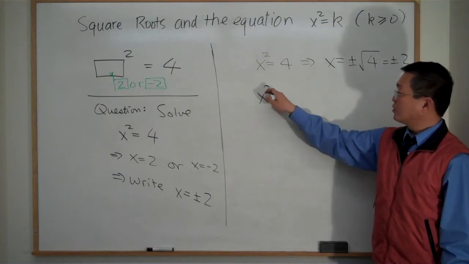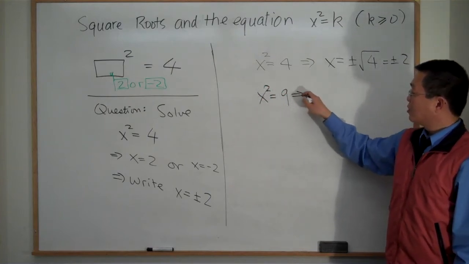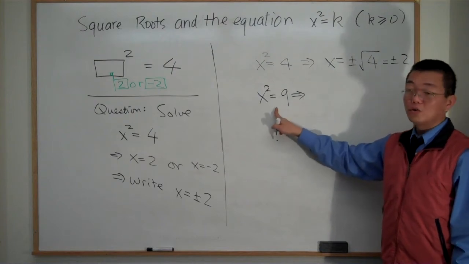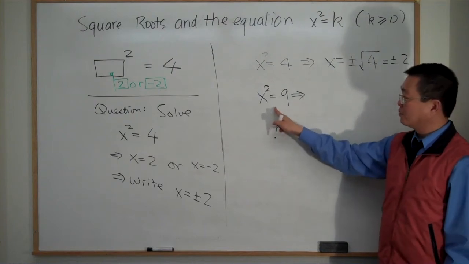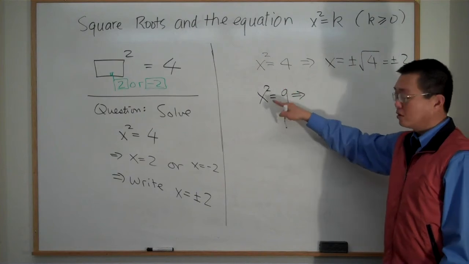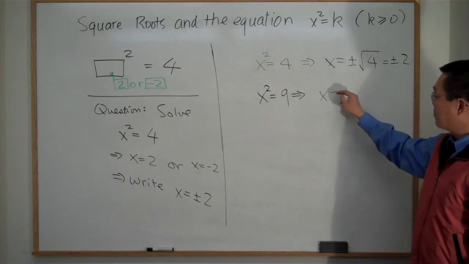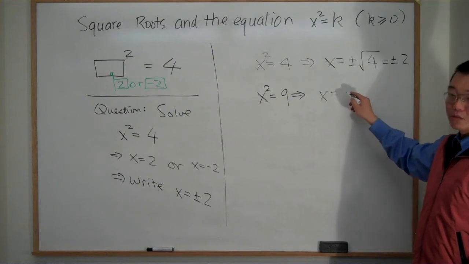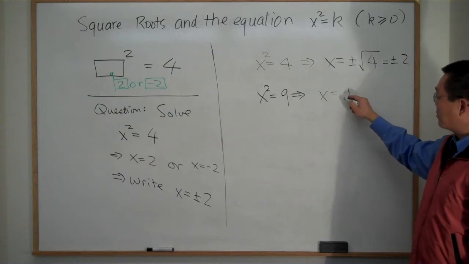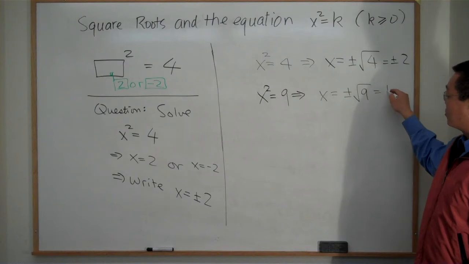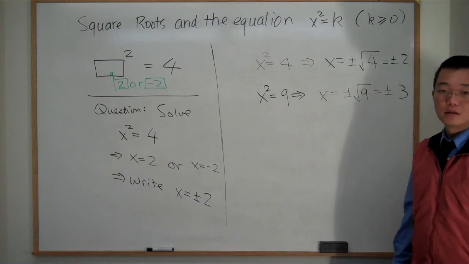And then x squared equals 9. Now this equation poses the question: what number has 9 as a square? Well, plus minus 3. So plus minus square root of 9, which is plus minus 3.